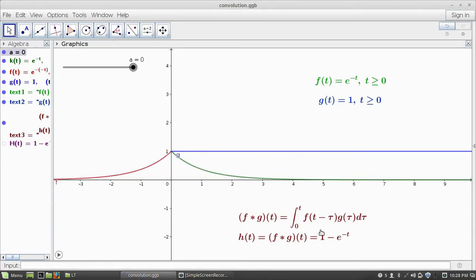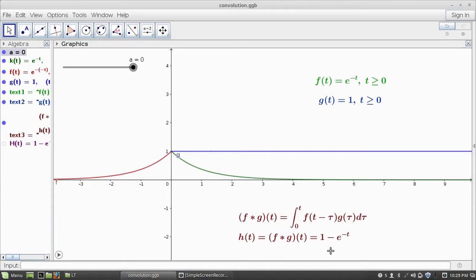And this f(t minus tau) is the flipped and translated version of the function f(t). Every time we multiply this flipped translated function with the other function, continuously add this product from 0 to t, and store this value to (f star g)(t). This is the value of the convolution integral.